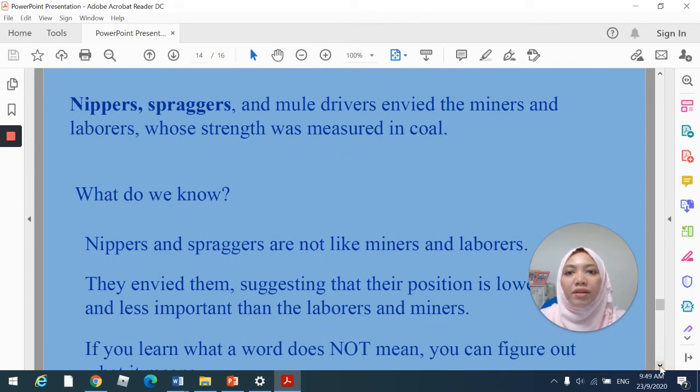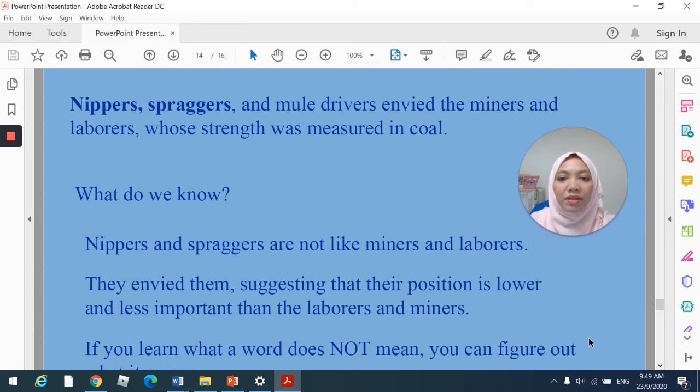Nippers, preggers, and mule drivers envied the miners and laborers whose strength was measured in coal. So what do we know here? Nippers and preggers are not like miners and laborers. Because you can see here there are two categories of people. They envied them, suggesting that their position is lower, because when someone envies another person, that means the other person is of higher quality, maybe higher position.